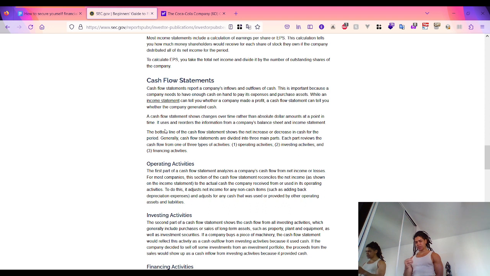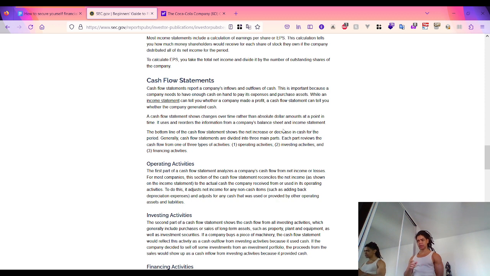So the cash flow statement shows the change, the inflow and outflow of cash over time. And it uses and reorders the information from the company's balance sheet and income statement.